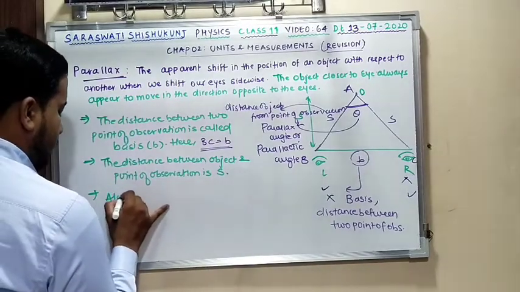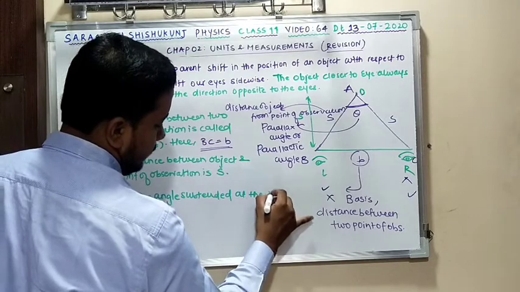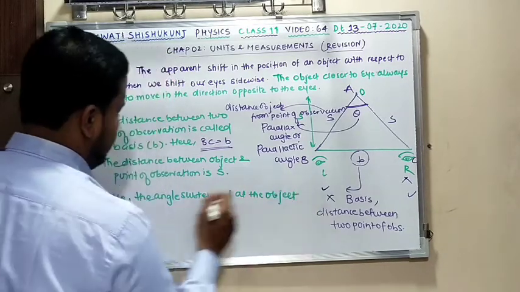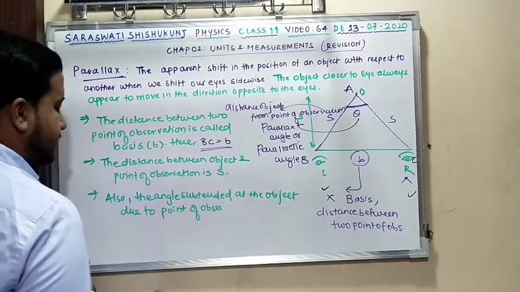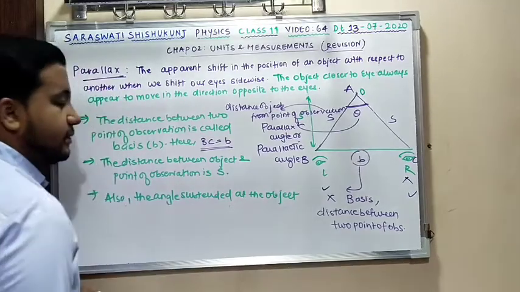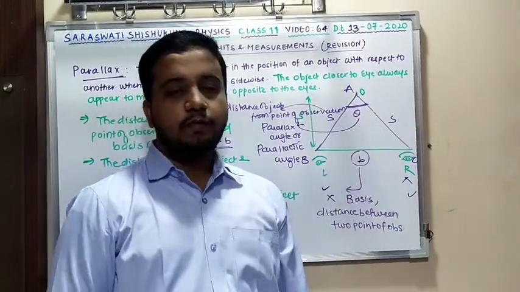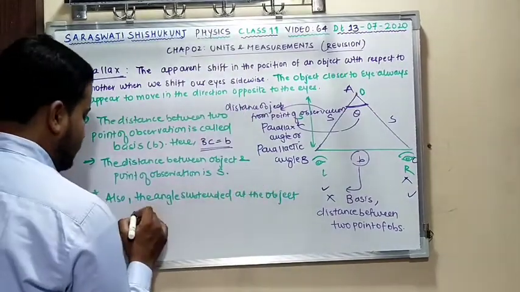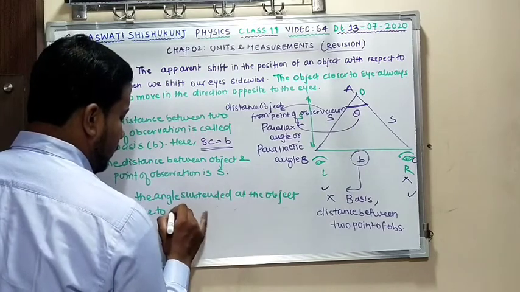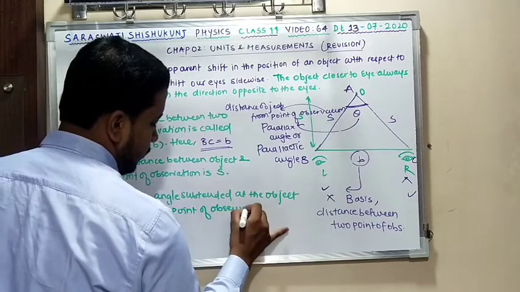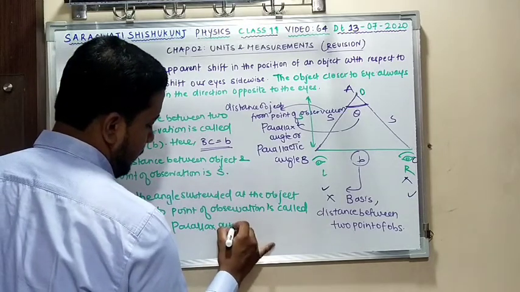Also, the angle subtended at the object due to the points of observation, the line of sights making angle theta at the object, is called the parallax angle or parallactic angle.